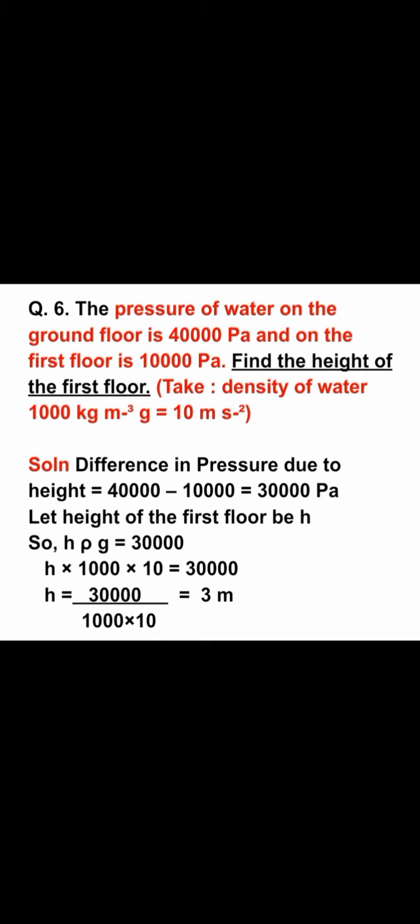Let the height of the first floor be H. So H into rho into G equals 30,000. Now substitute the values. H into density 1000 and G is 10 equals 30,000. So H equals 30,000 by 1000 into 10. After simplification, it will become 3 meter.